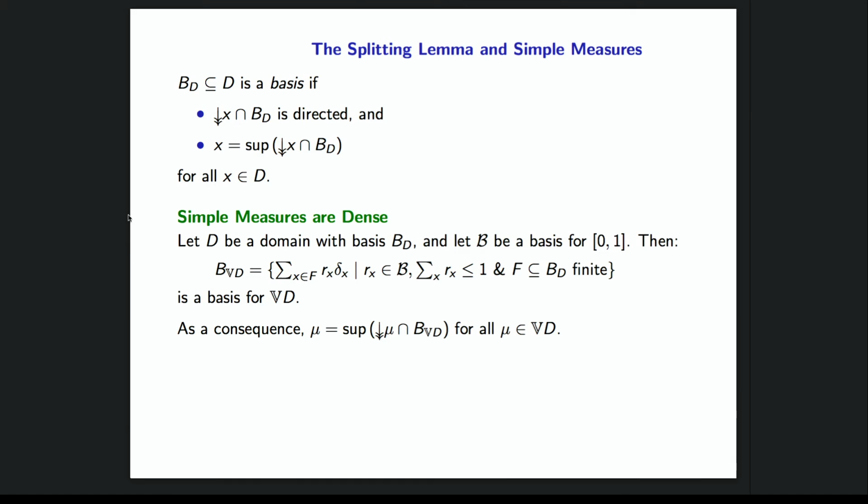So they account for enough approximates for every point. And then you can argue that any domain, if you take a basis for it in this sense, and you take any basis, so for example, the rationals in 0, 1, then forming simple measures over finite subsets of the basis for D and elements Rx in your basis for the interval, this will give you a basis for the sub-probability measures.